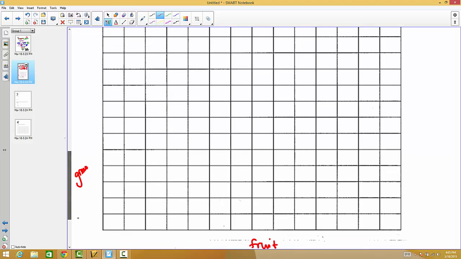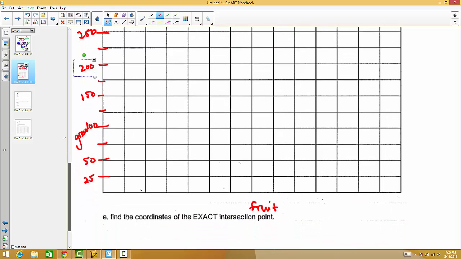So maybe you could go up by 25s. This would be 50. This would be 100. This would be 150, 200, 250. And you could go up by the same on this axis, especially since your slope is 1.